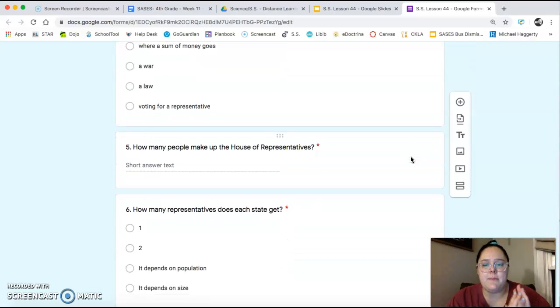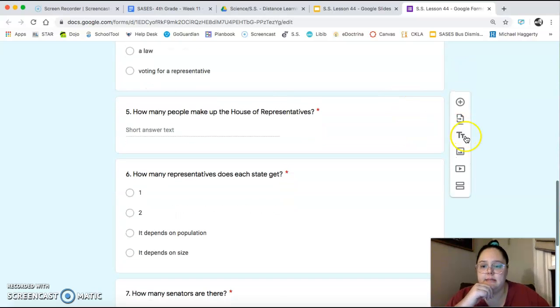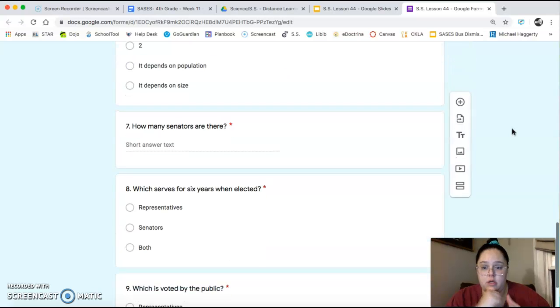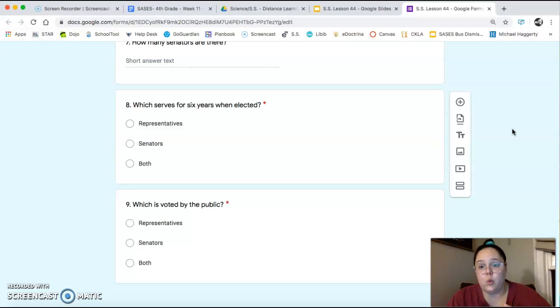Number 5, how many people make up the House of Representatives? Number 6, how many representatives does each state get? Number 7, how many senators are there? Number 8, which serves for 6 years when elected? Is it the representatives, the senators, or both? And then number 9, which is voted by the public?